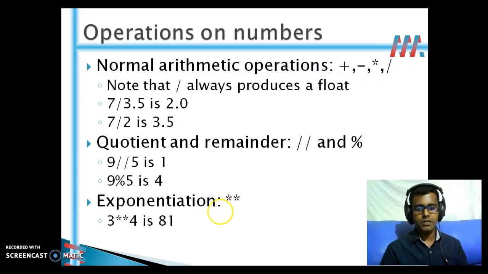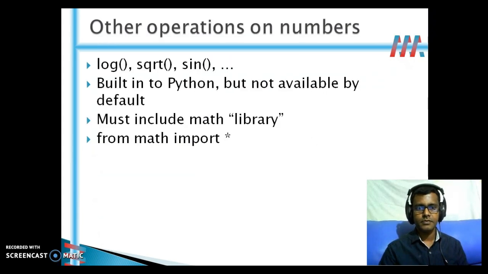The exponential operator is also available, denoted by double star. So 3 power 4, denoted by 3 ** 4, is nothing but 81. That is, 3 is multiplied 4 times, 3 * 3 * 3 * 3, which gives you 81. What are the other operations that can be done on numbers in Python?